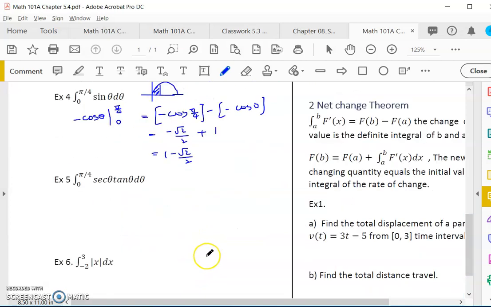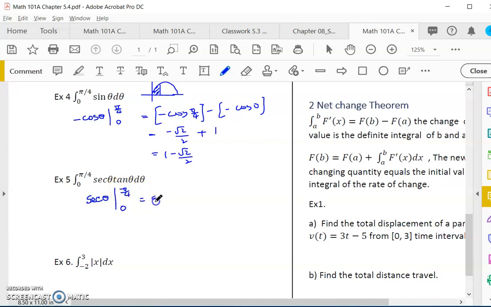Okay, so any more? Oh, 2 more. So this is an integral from 0 to pi over 4 of secant theta tangent theta. Do you remember what the antiderivative of secant theta tangent theta is? It is secant theta. And then I have to plug in the interval from 0 to pi over 4.